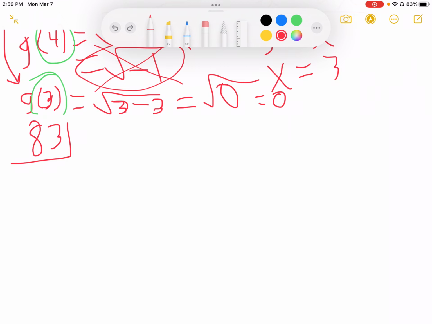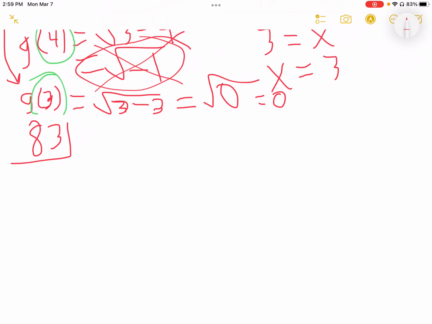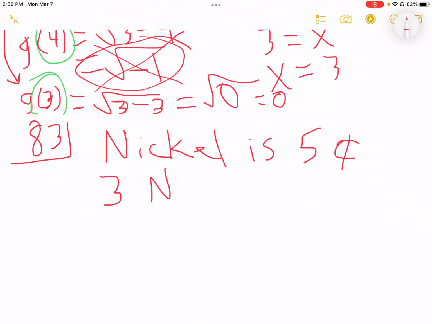But if I told you, a nickel, right, a nickel is 5 cents. You know that. Let me use this little symbol here, 5 cents. So then if I had 3 nickels, or I can use n, so 3 nickels, right, then we'd say that that's 15 cents.